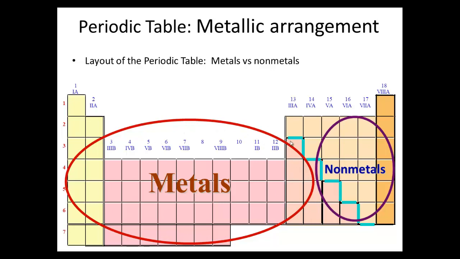So everything basically to the left of the periodic table is a metal. That includes the transition elements or the transition metals, and the main group elements in column 1 and 2 are all metals. Everything pretty much on the right hand side are non-metals, and then you have this blue area, right?